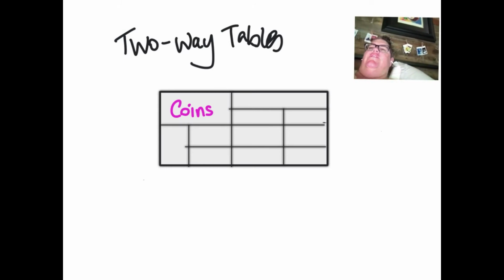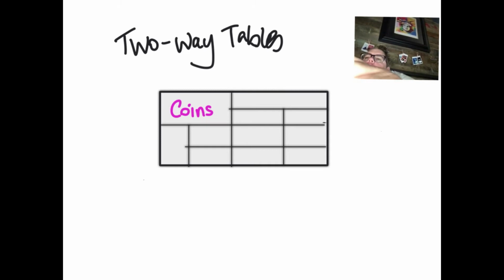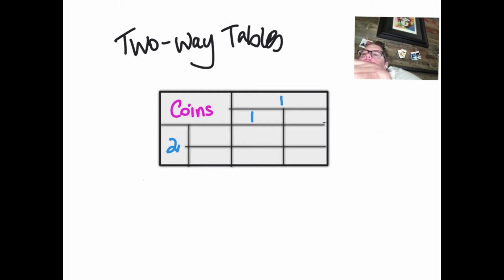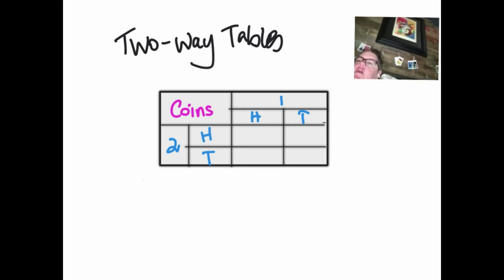Okay, so now we're going to look at the same data but in a two-way table. Here we have coin number 1 and coin number 2. Available outcomes for both of these are heads and tails, and over here heads and tails. They are the only outcomes we can get. Now let's say we actually flip the coin. The first flip we could get a head or a tail.